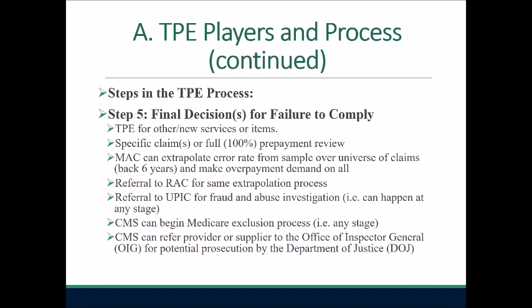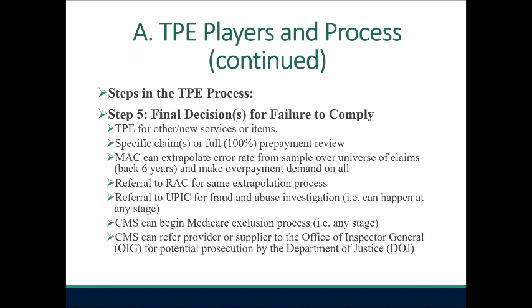They can extrapolate. You could be referred to a UPIC, a Unified Program Integrity Contractor. A UPIC is generation 2 of ZPICs, Zone Program Integrity Contractors, which are the fraud, waste, and abuse auditors. They work for the program integrity department of Medicare, and they are hunting potential fraud.